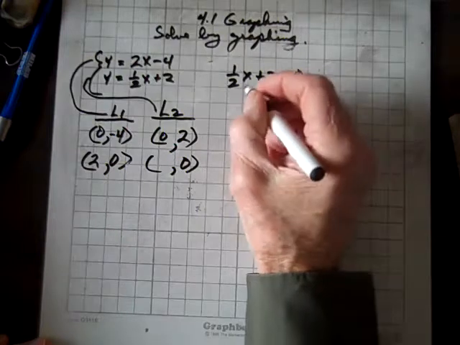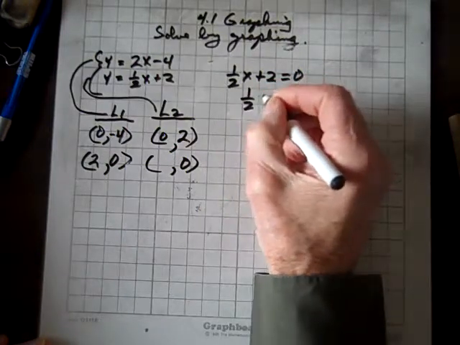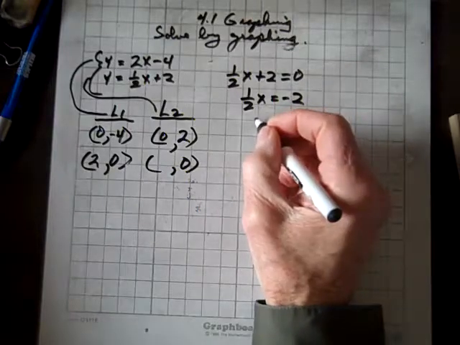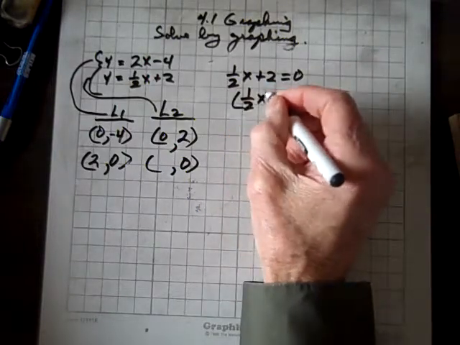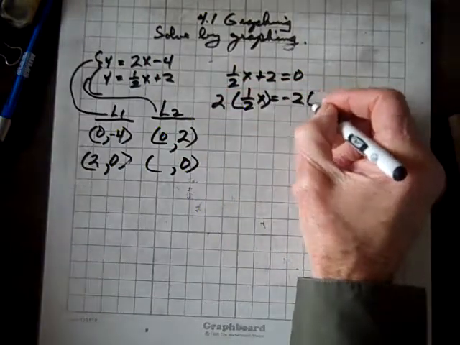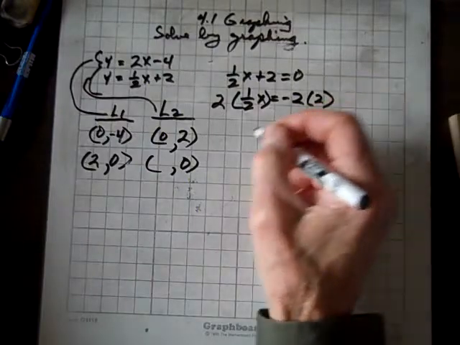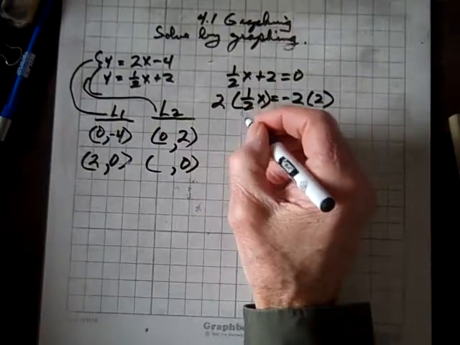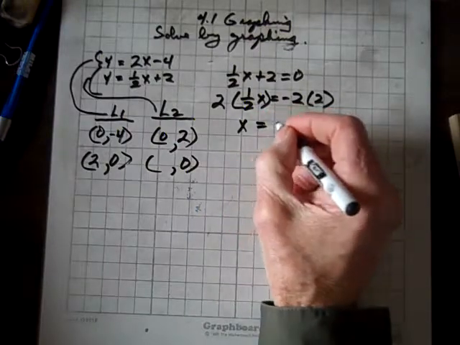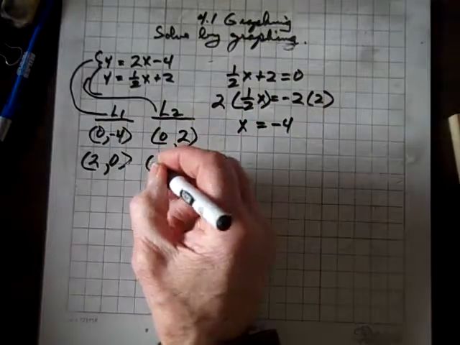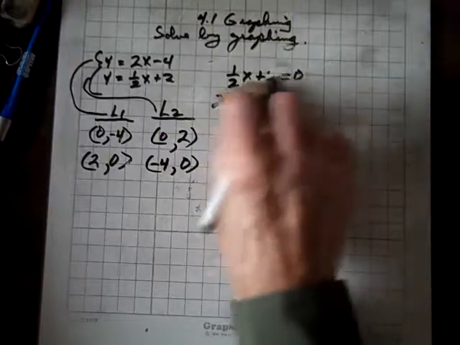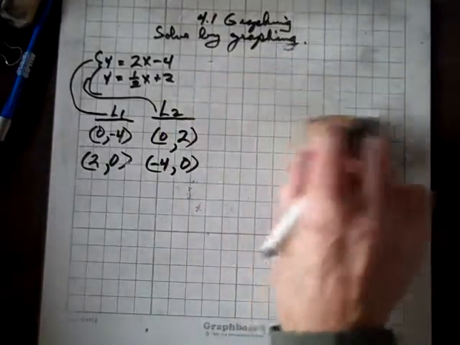Now we'll subtract 2 from both sides, and that equals negative 2. Now we need to get x all by itself, so we'll multiply both sides by the reciprocal of 1/2, which is 2. When we do that, 2 times 1/2 is 1, and 1 times x is x, and that equals negative 2 times 2, which is negative 4, isn't it? So here we have a negative 4. Good. Now we've got the y-intercepts and the x-intercepts taken care of.